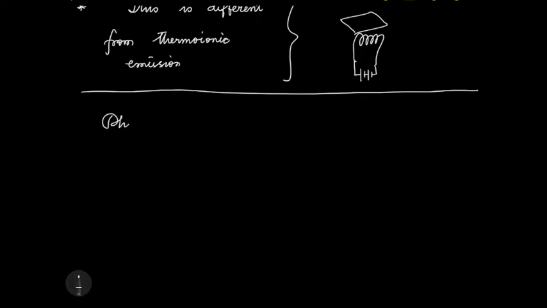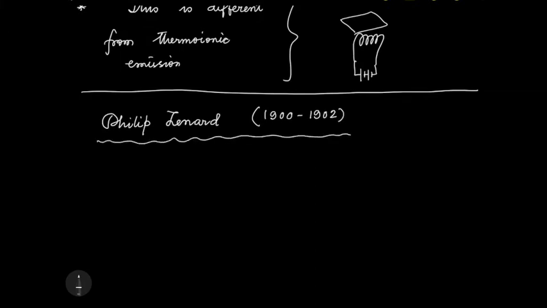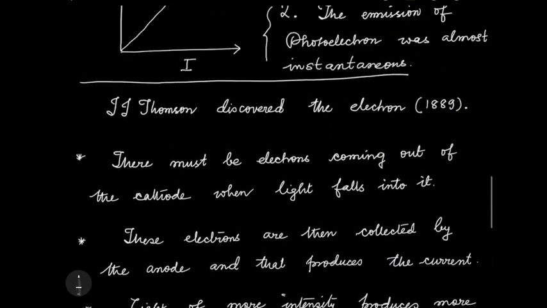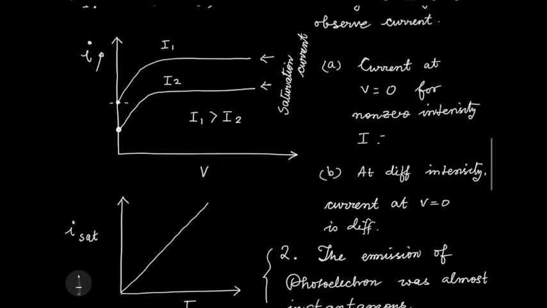Now after this, there were more detailed experiments developed by Philipp Lenard, and these were done between 1900 and 1902. What he did, well, till now we have not talked about making the cathode positive.